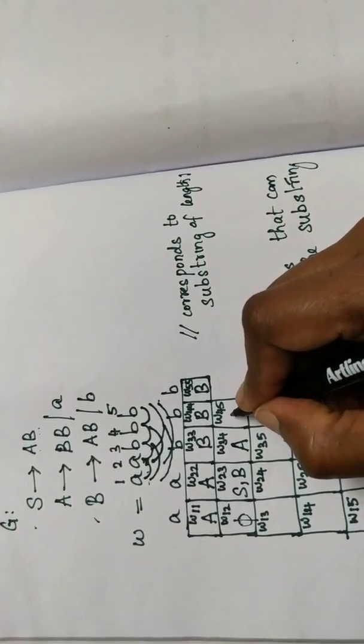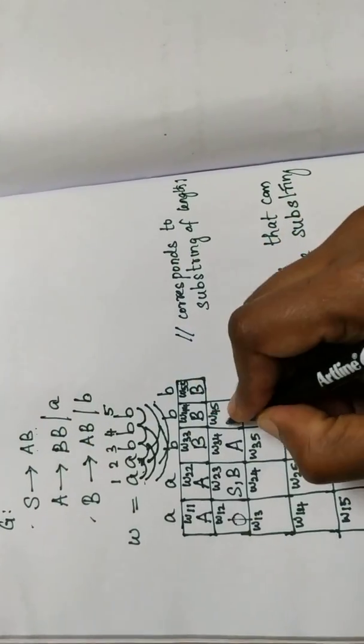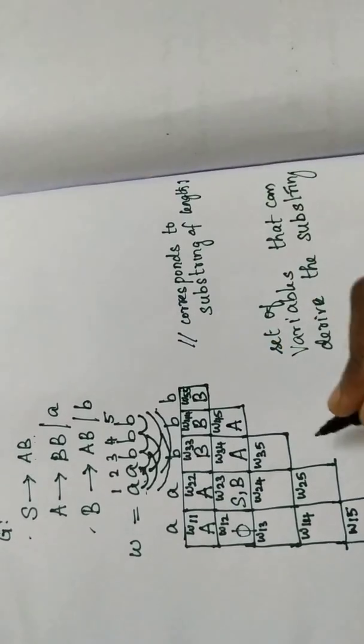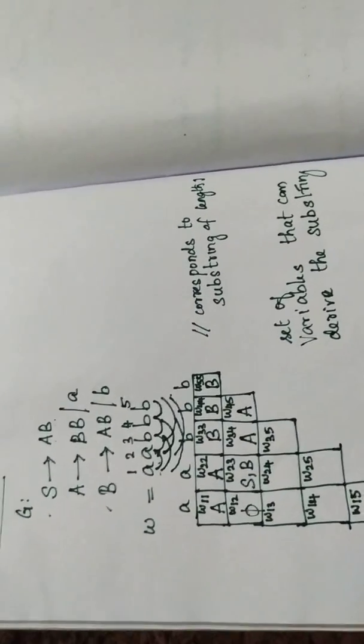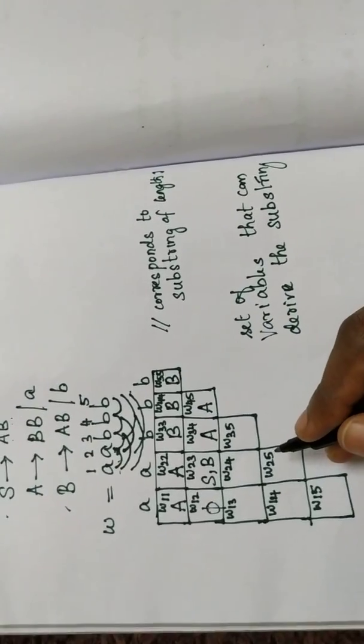And W4,5 is again BB, so that is again derived by A. So now we have filled the first 2 rows of the table.